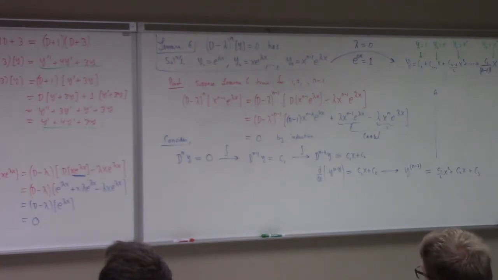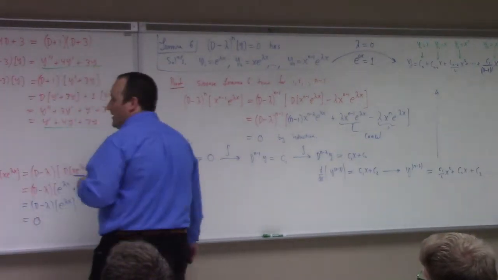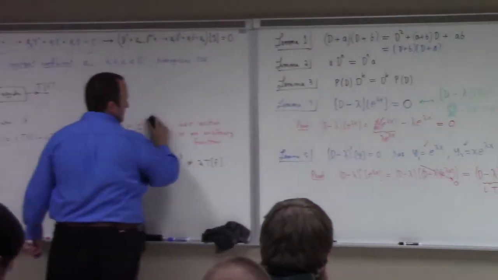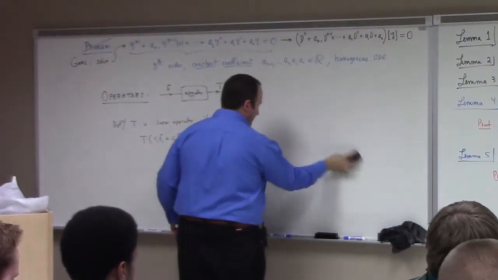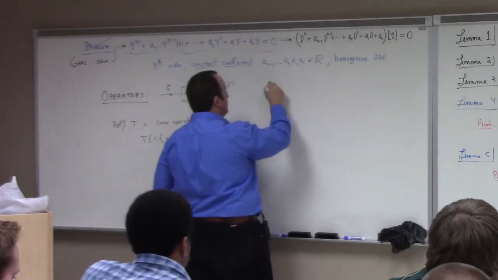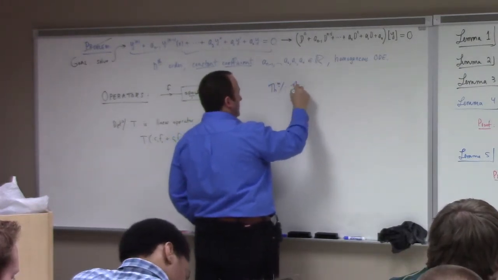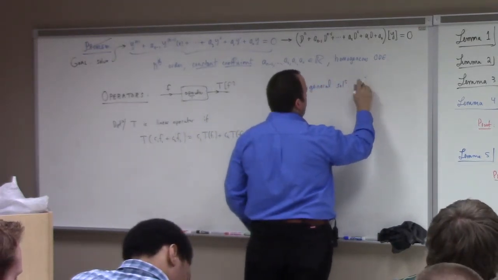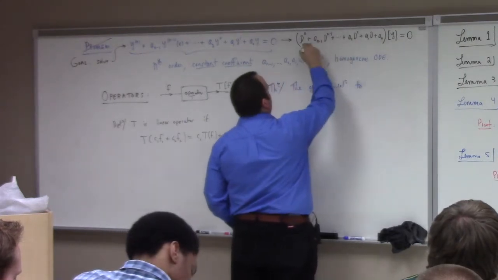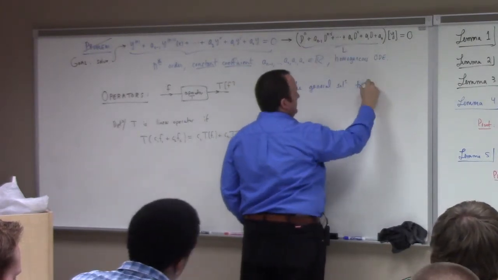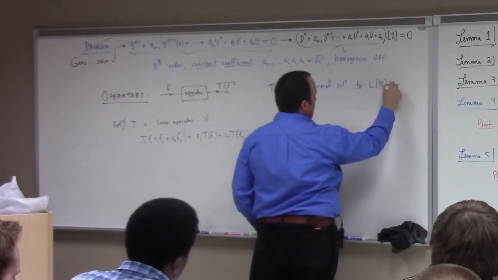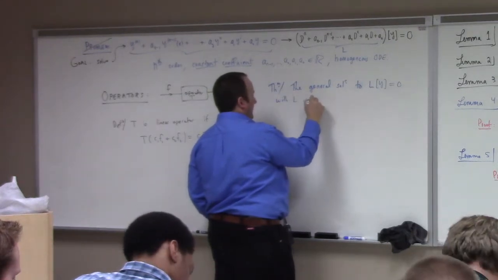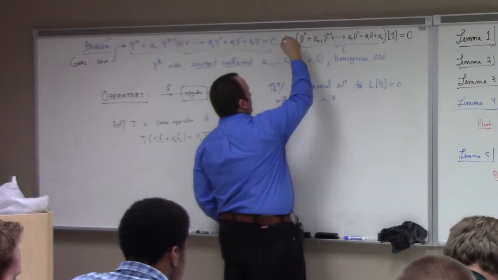Okay. Now, I guess beyond this, I just need a theorem. Here's the theorem. The general solution to, and I should give this thing a name. Let me call this thing up here L, all right, L of y equals 0 with L as above. Star.